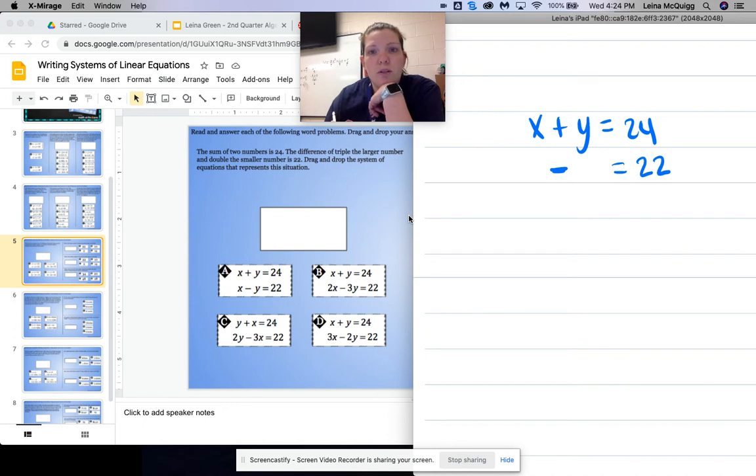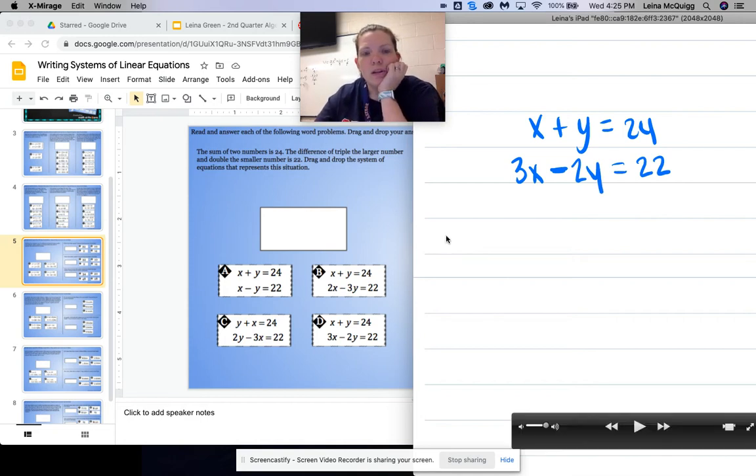Triple the larger number, so the first number has to be triple, and triple means 3, right? Triplets, tricycle, tri means 3. Difference means subtract. And double means 2. Double the smaller number is going to be 22. So we have 3x minus 2y.